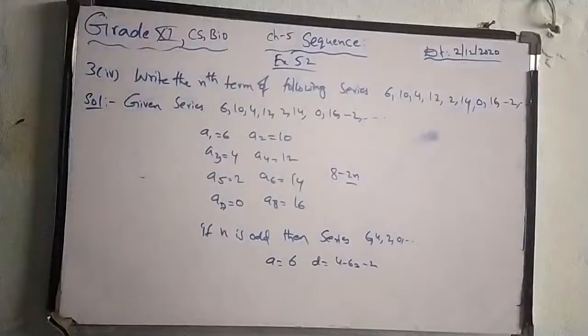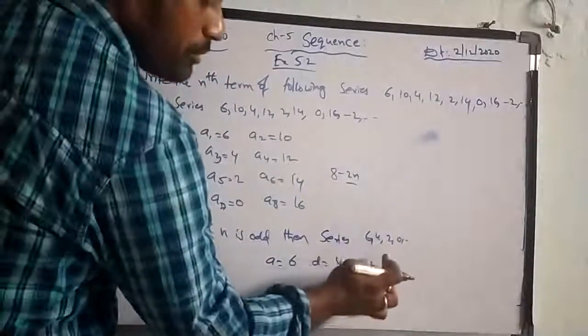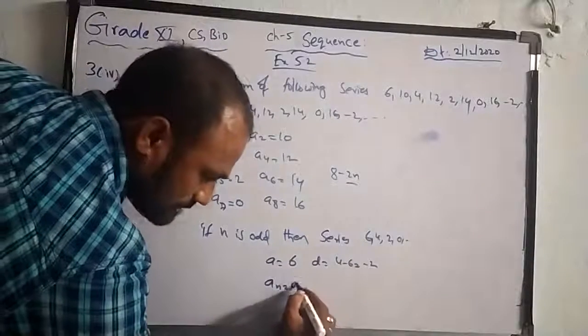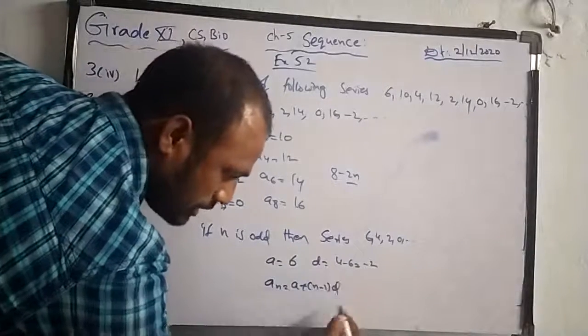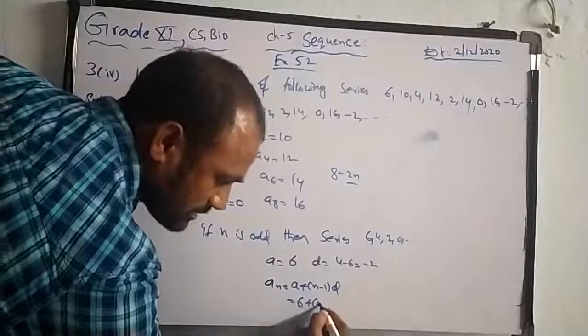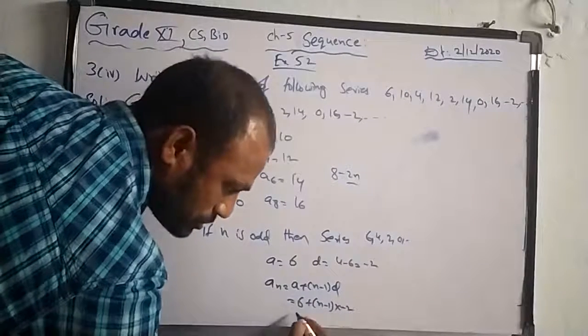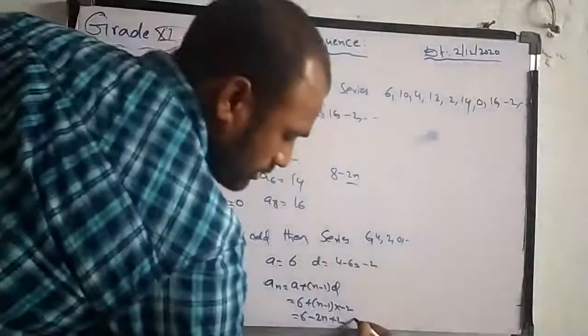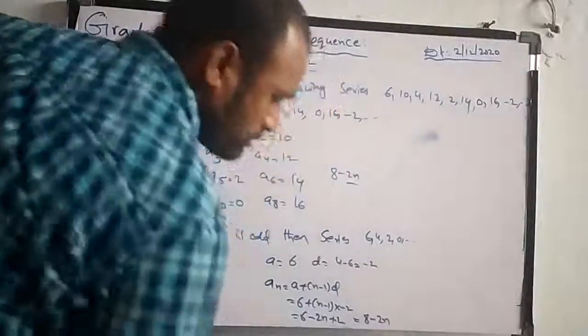This series is in AP. Why? Because 2 minus 4 is minus 2 only. So nth term of AP is given as a plus (n minus 1) into d, that is 6 plus (n minus 1) into minus 2. So 6 minus 2n plus 2, that is 8 minus 2n.